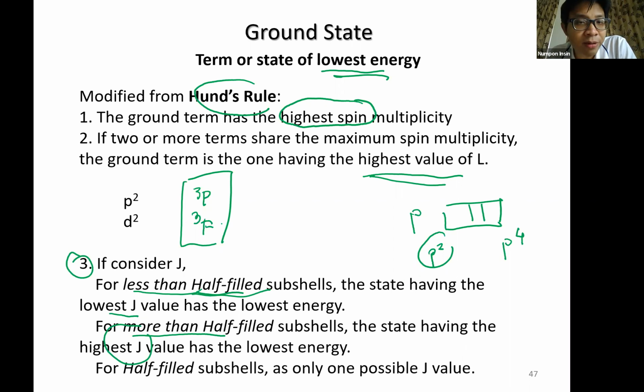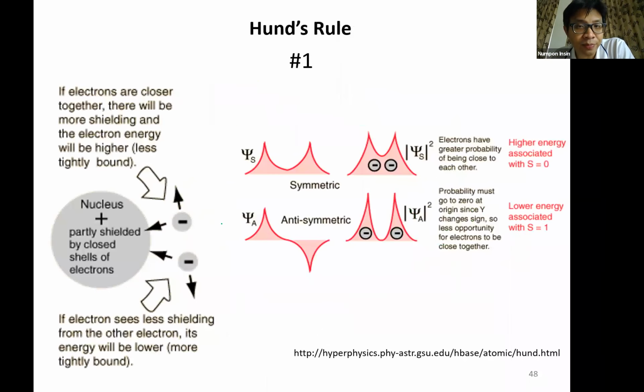Okay, so the reason for Hund's rule, why is that? For Hund's rule number 1, you have 2 electrons, right?